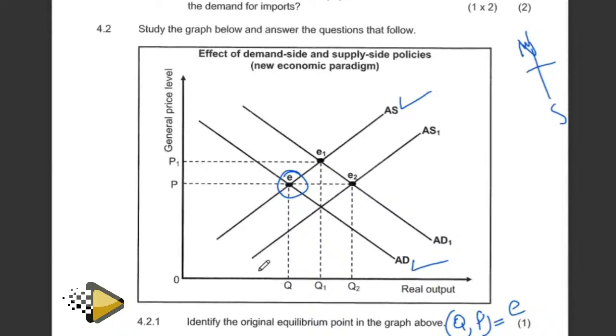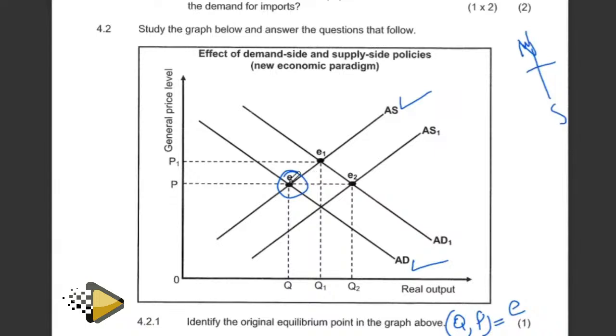If we check originally in this graph, we have the original aggregate supply curve as AS and the original aggregate demand curve as AD, and the equilibrium was at E, our first equilibrium.